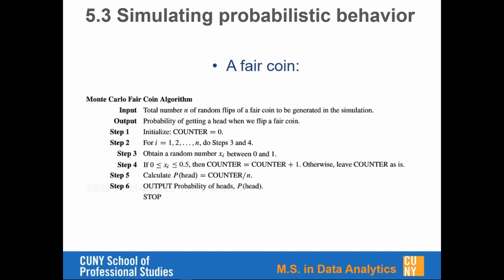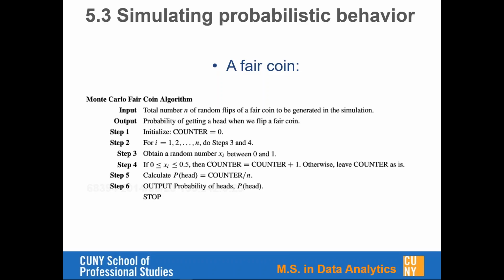Let's use a fair coin as an example. We always see Monte Carlo simulation, and apparently this would be one of the examples to be considered as Monte Carlo simulation. The input is the total number n of random flips of a fair coin to be generated in the simulation, and the output is the probability of getting a head when you flip a fair coin.